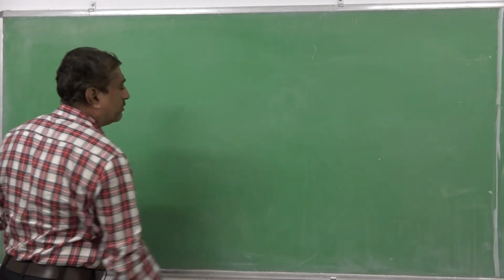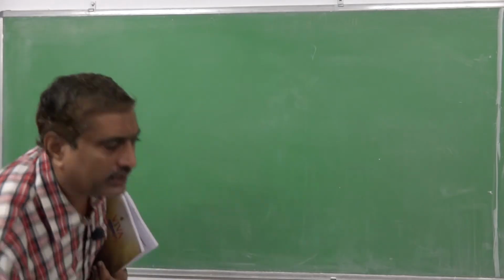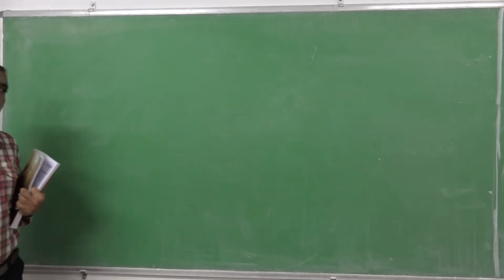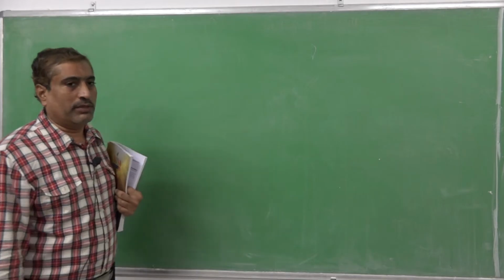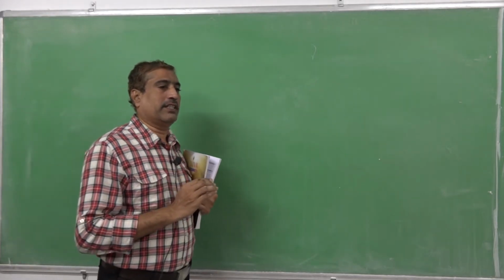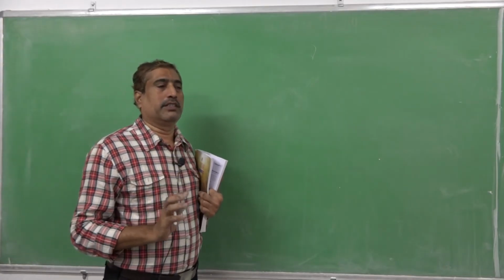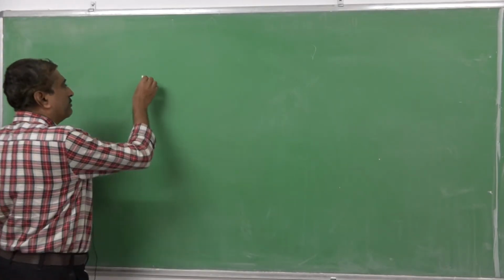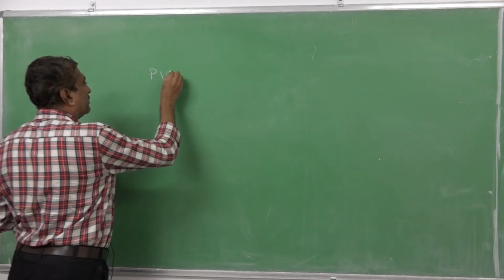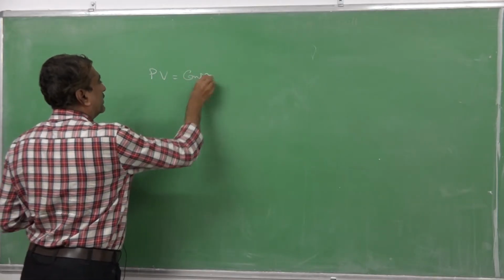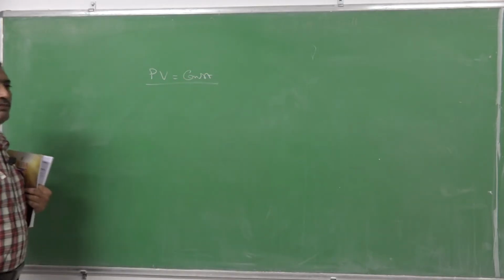Next we have to remember two thermodynamic processes. The first one is the isothermal process and the second is the adiabatic process. In an isothermal process, the physical state of the system changes such that its temperature remains constant, and it obeys the law PV equals constant.